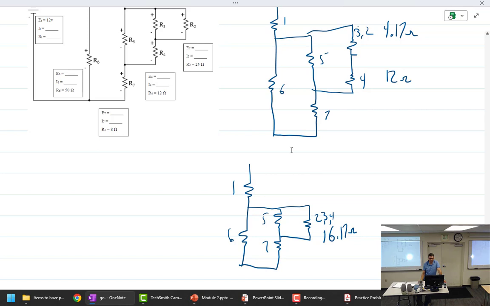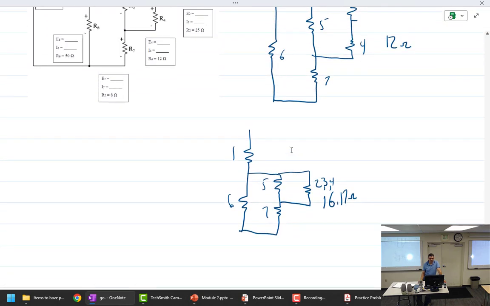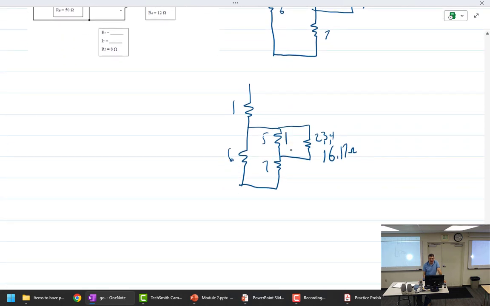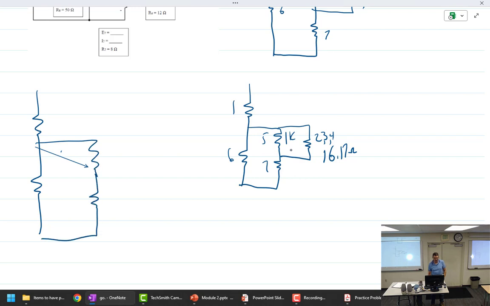Okay, now what are we going to combine it with? Resistor 5. So 5 is how many ohms here? 1K. So we have to redraw it. We have 1, 6, 2, 3, 4, 5, and 7.